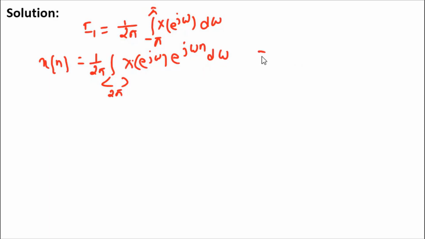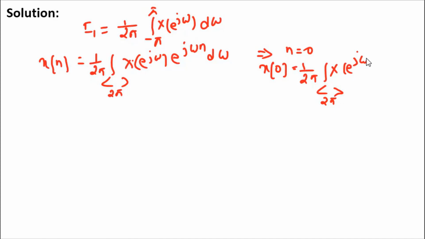So when you put n equal to 0, you will get x of 0 equal to 1 over 2 pi integration over 2 pi of x of e j omega d omega. So this integral value is nothing but the value of x of 0. The value of x of 0 is 8. So your I1 becomes 8.